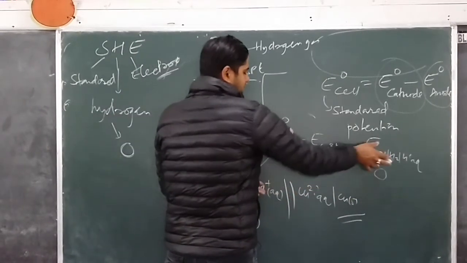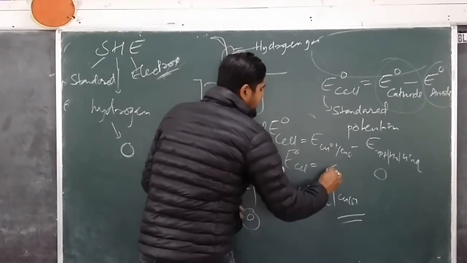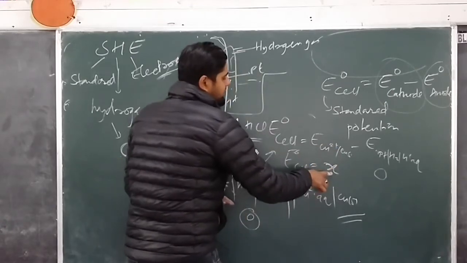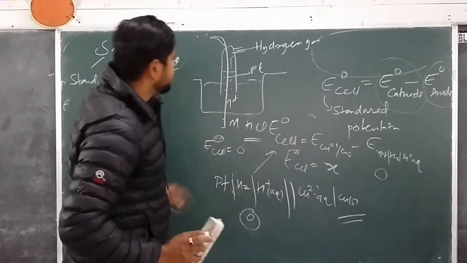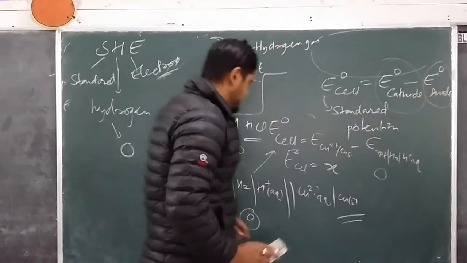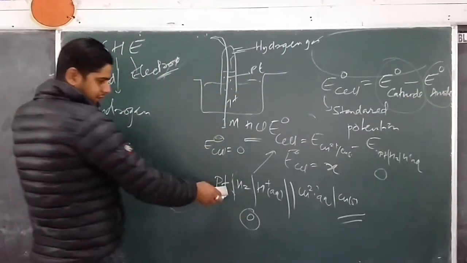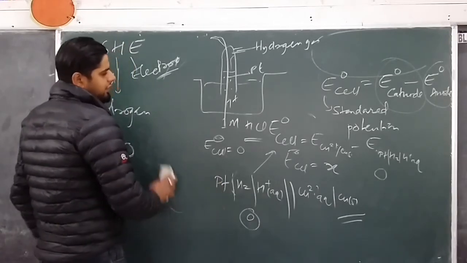If you compare with this and this, then you will get E naught cell equal to a certain value, suppose X. This X value will be the standard electrode potential for this one. In this way we can get values for cathode and anode by comparing with SHE. This is very important.